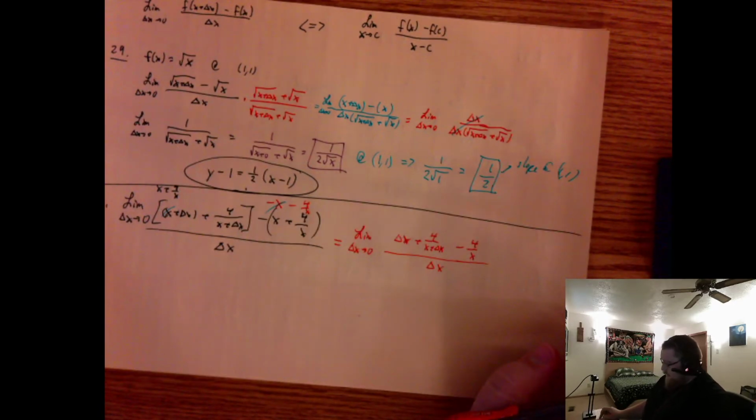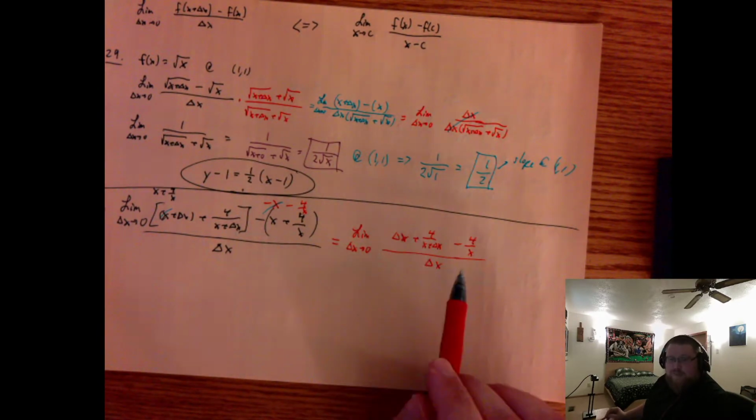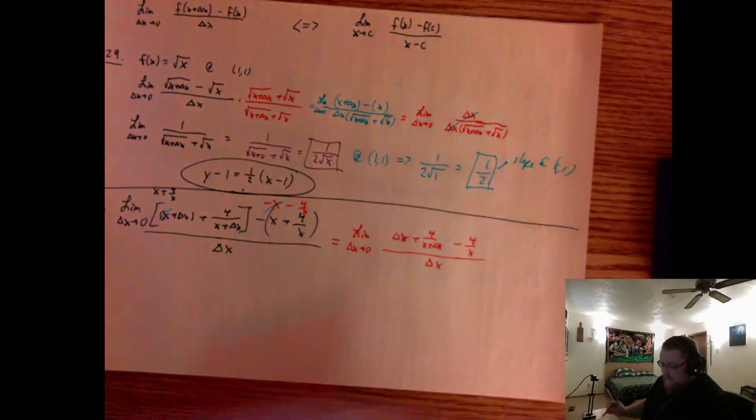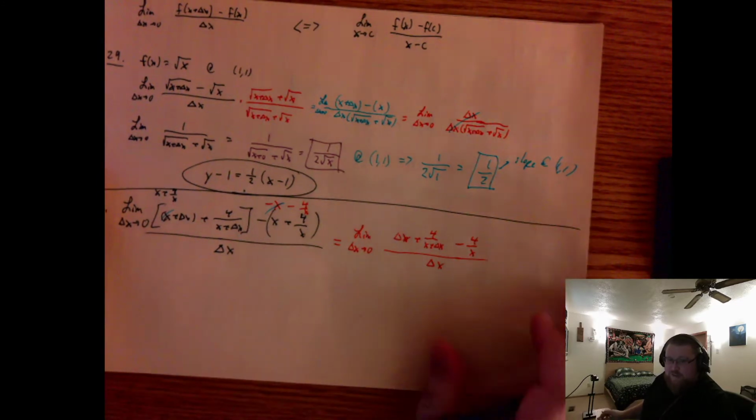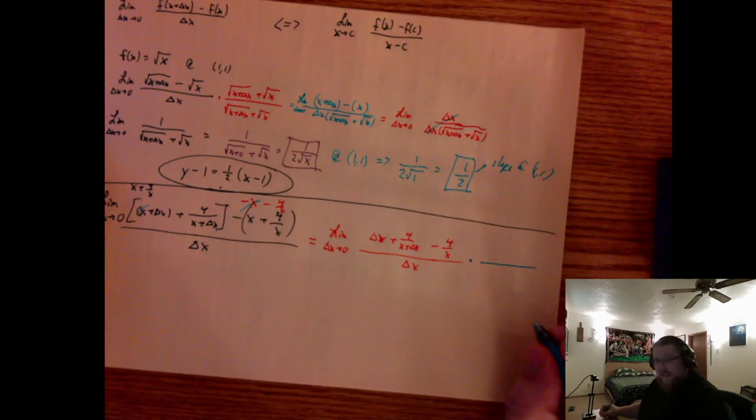That's not too bad. But if I plug in 0, I actually still end up with 0 divided by 0. So I know I need to fix something in here. And to do that, I'm actually going to use a very specific multiplication.